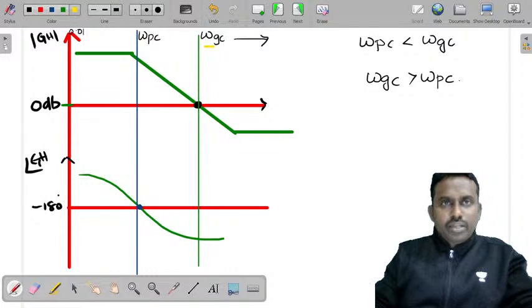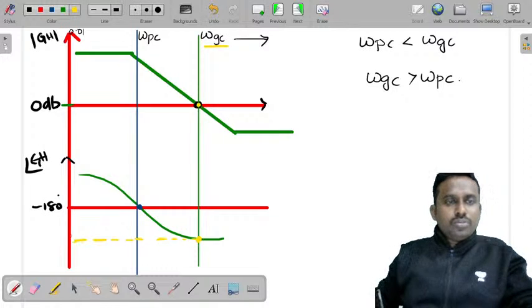Remember that at gain crossover frequency, this is the line that you have drawn. Extend it onto the phase plot and you'll have a phase angle. This is intersecting at this point, so this value is the phase angle at gain crossover frequency.